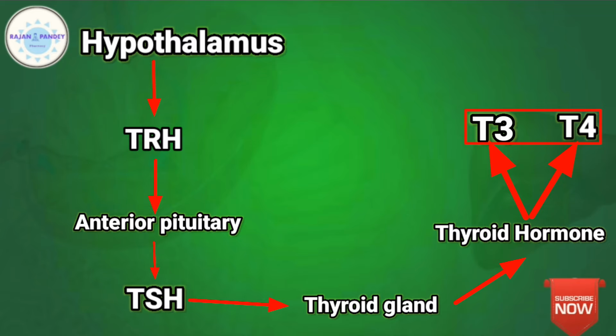This inhibition is termed the negative feedback mechanism, and when the thyroid hormone level goes down, it stimulates the hypothalamus and the above process starts again. According to the high and low level of thyroid hormone, positive and negative feedback mechanisms are continuously performed in our body.